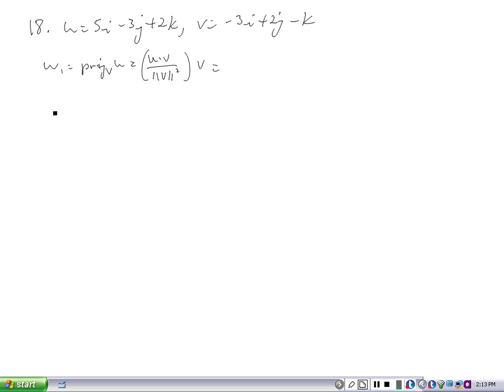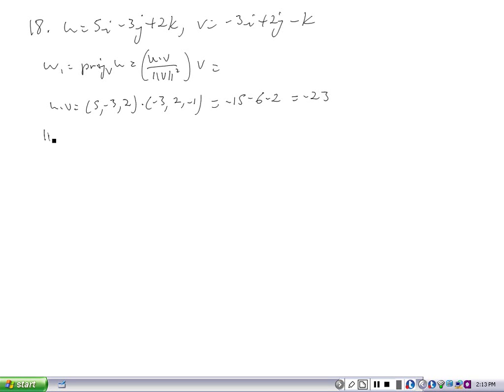Right? So u dot v, we get (5, negative 3, 2) dot product with (negative 3, 2, negative 1). And when you simplify all of that, that's negative 15 minus 6 minus 2. And so we simplify all of that, we get negative 23.